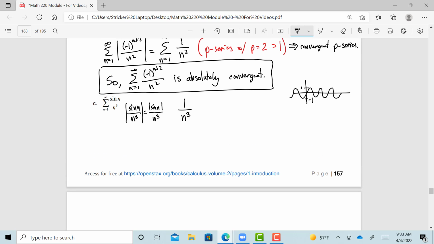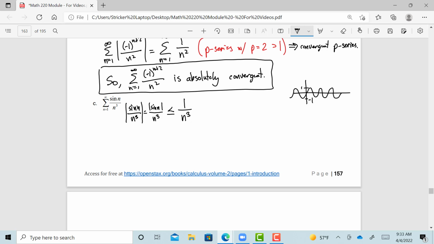And so now this is where the comparison comes in, right? Because if you were to compare the absolute value of sine n over n cubed with 1 over n cubed, we could say that the fraction on the left is always at least as small as the one on the right, because the biggest value that the numerator is going to be is 1, right? Sine of n, the biggest value sine of n can have is 1.